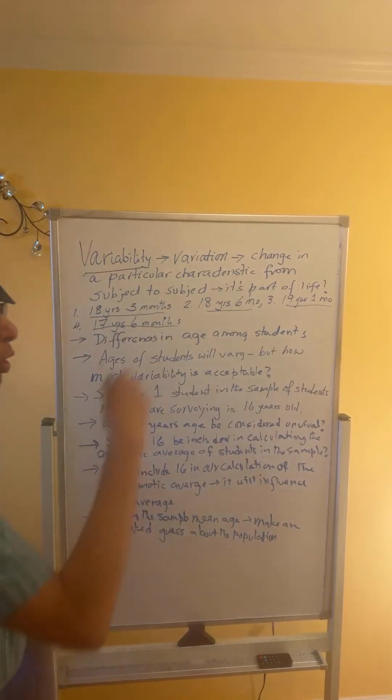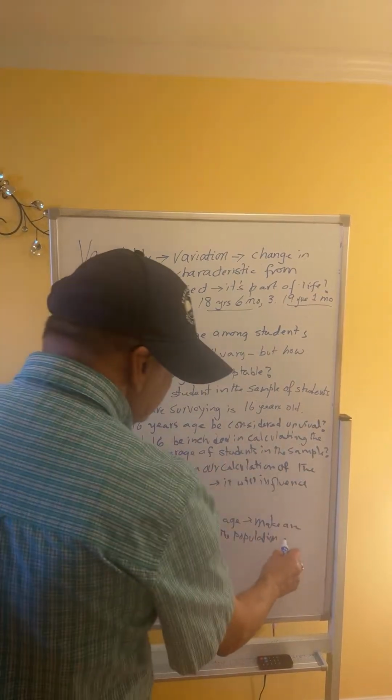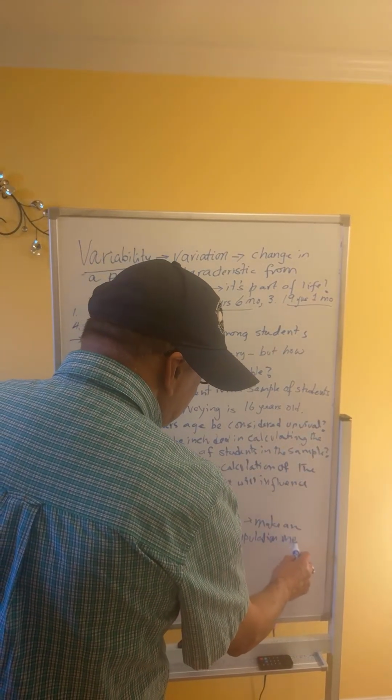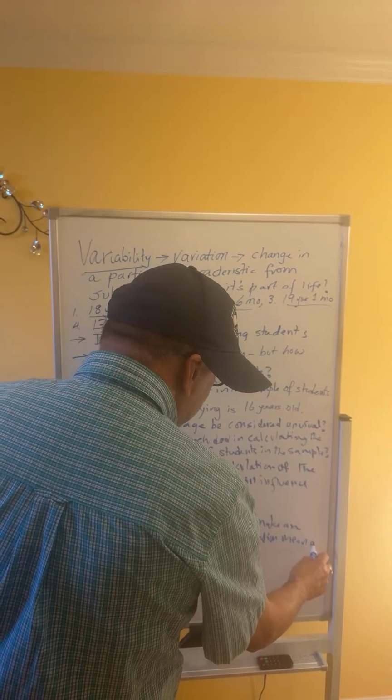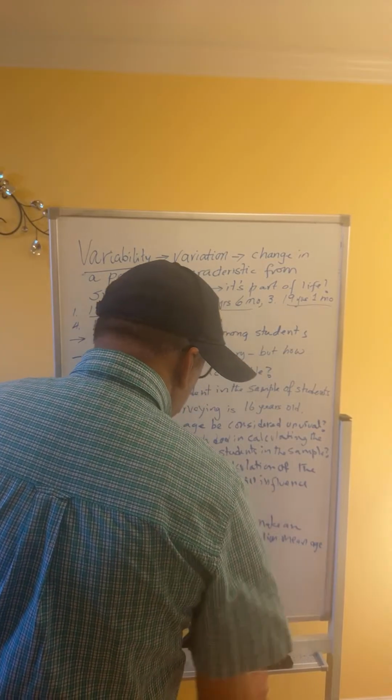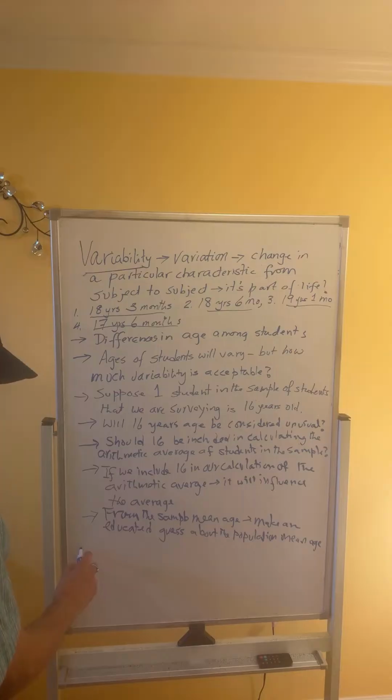Population means all the students in the campus. Population mean age. Question is, did we take a risk?